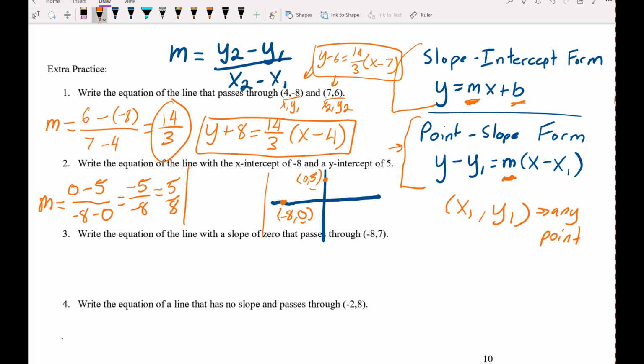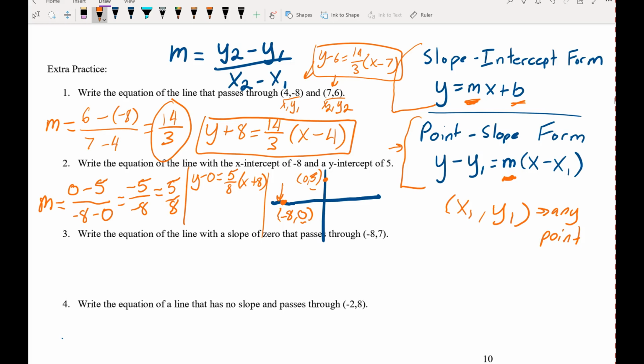Again, when you plug into the point-slope form, it doesn't matter which point you use. So I'm going to use this (-8, 0) here. So y minus 0 equals my slope, 5/8, times x minus a negative 8, which becomes plus 8.